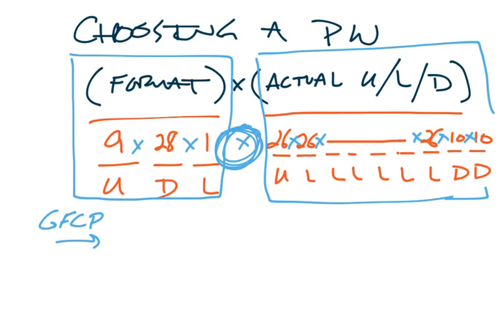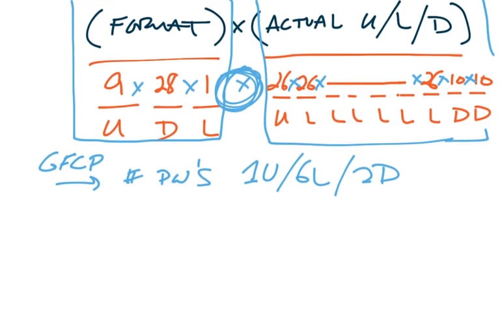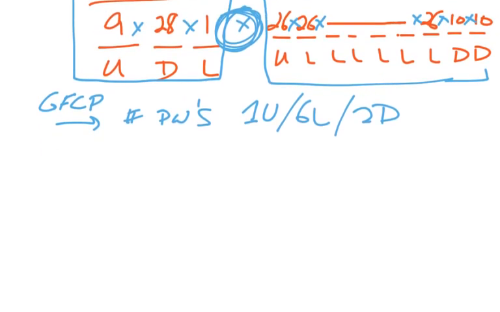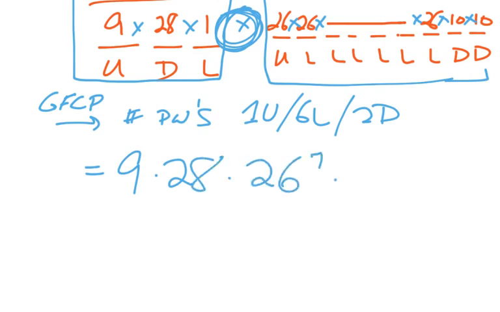All right, so the generalized fundamental counting principle says that the number of passwords with 1 upper, 6 lower, 2 digits is the following. It is 9 times 28 times 26 to the 7th times 10 squared.